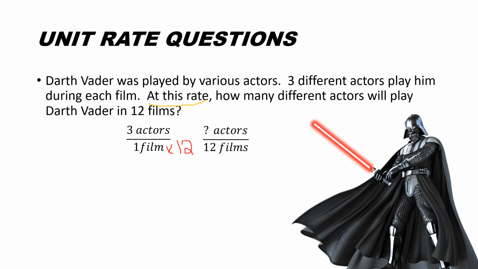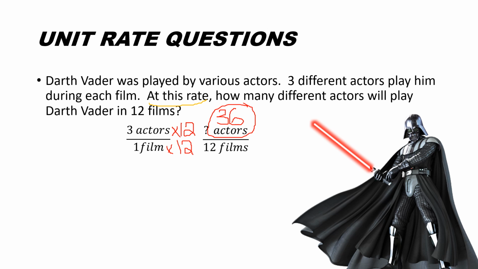Because this is an equivalent fraction, all we need to do is multiply the top by the same number, which is 12, because whatever you do to the bottom, you do to the top, to find out that 3 times 12 is 36, letting you know that in 12 films, there will have been 36 different actors playing Darth Vader.